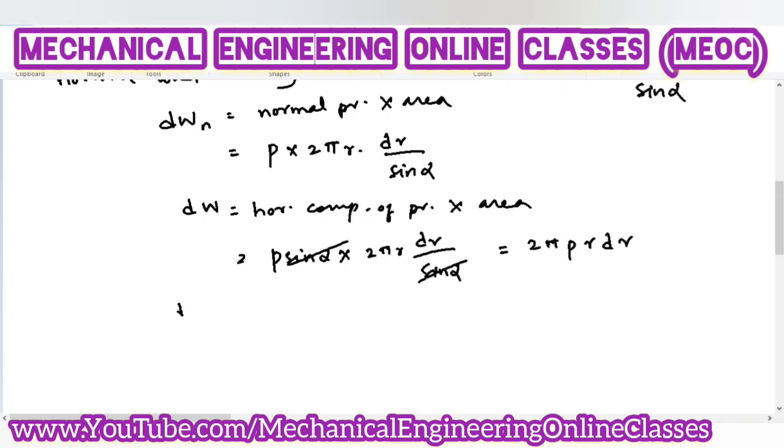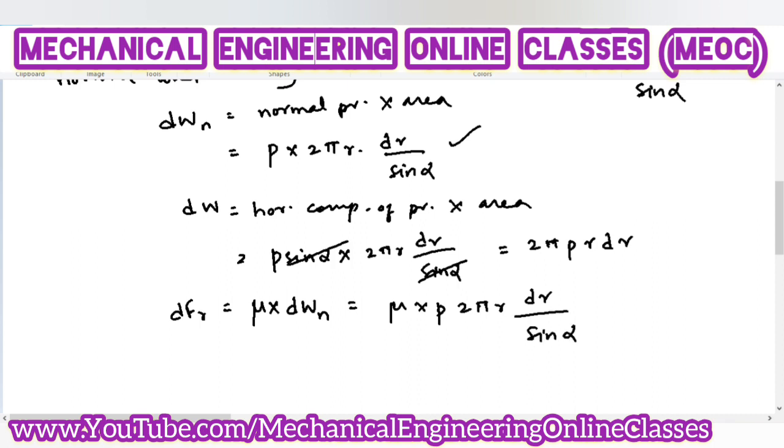dFr is equal to frictional force, which is mu into normal reaction; that is, the normal load has to be considered. So mu into dWn is P 2 pi r dr by sine alpha, and dTr is equal to dFr into r.